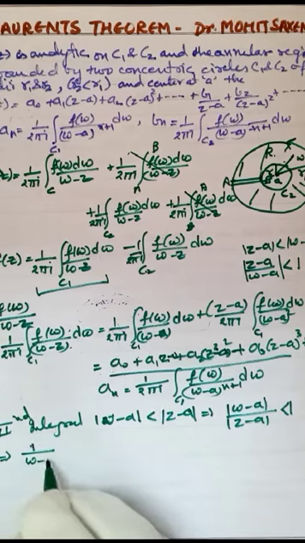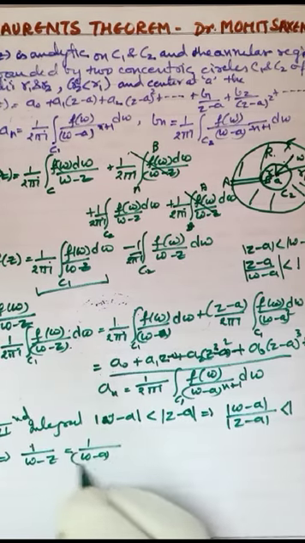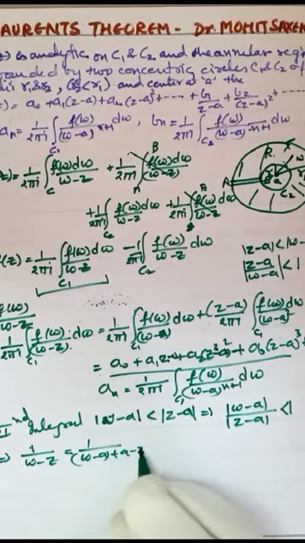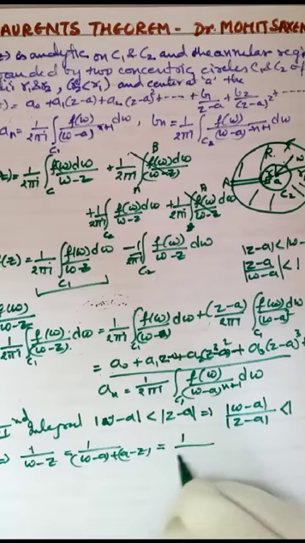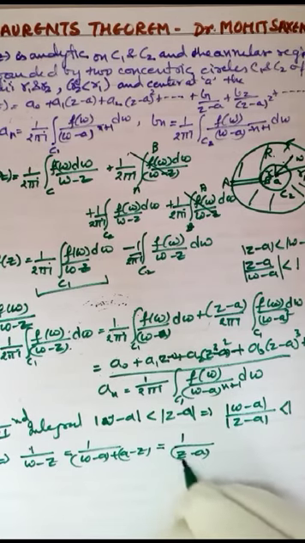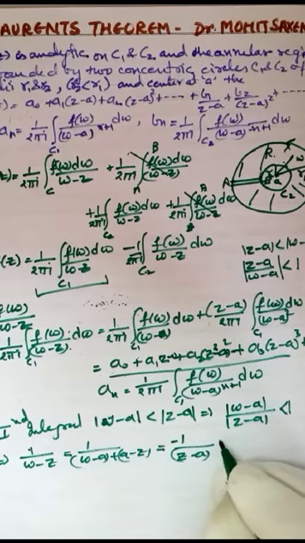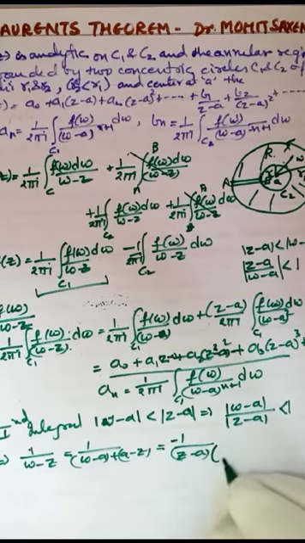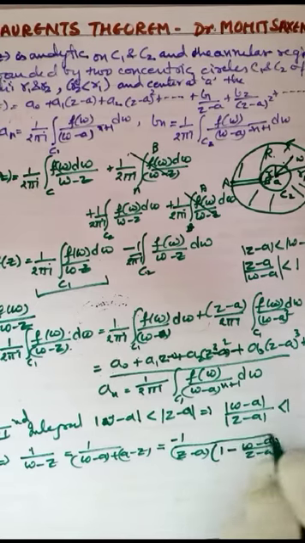1 upon w minus z is equal to 1 upon (w minus a plus a minus z), and this is equal to 1 upon z minus a, taking it common. If we take this as common, then there should be a negative sign over there, and the terms would be 1 minus (w minus a) upon (z minus a).